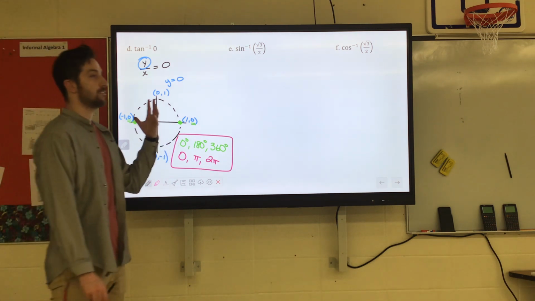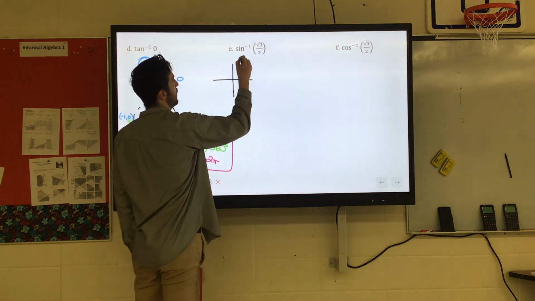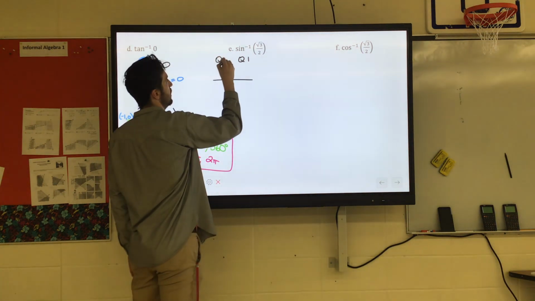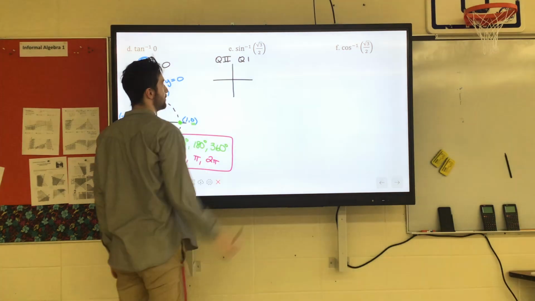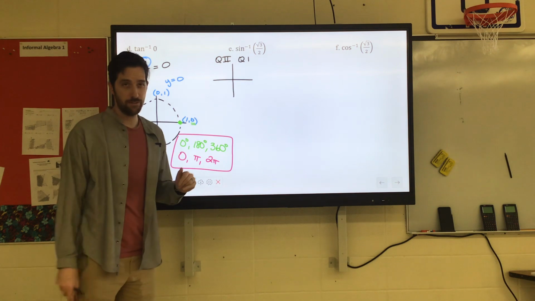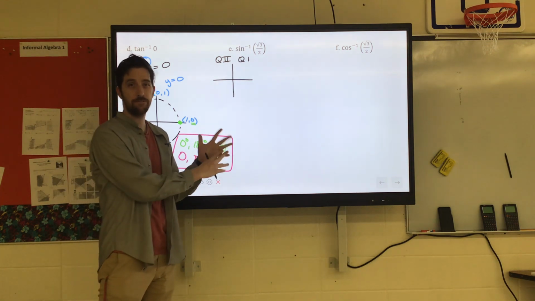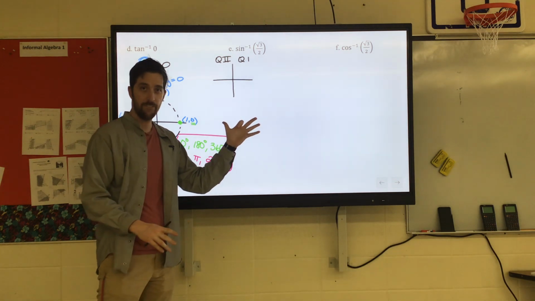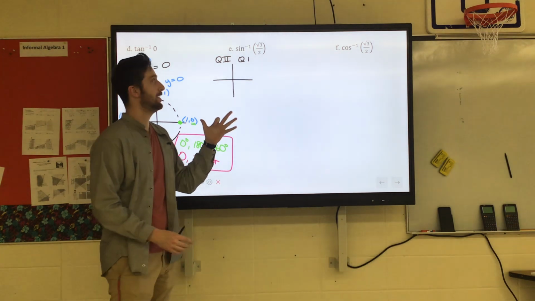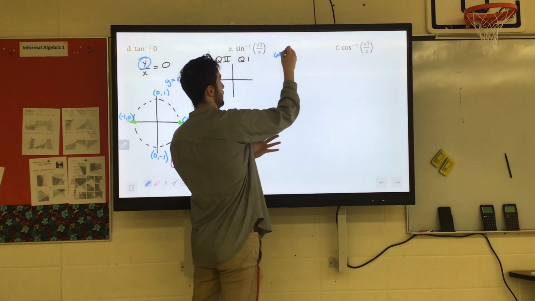Sine is our y coordinate, and we have a positive y. That happens in quadrant 1 and quadrant 2. We need to figure out the reference angle that goes with root 3 over 2. If sine is the y, that's our fingers to the right. We need 3 fingers to the right. That's our pointer finger down. And remember, the pointer finger represents a 60-degree reference angle.